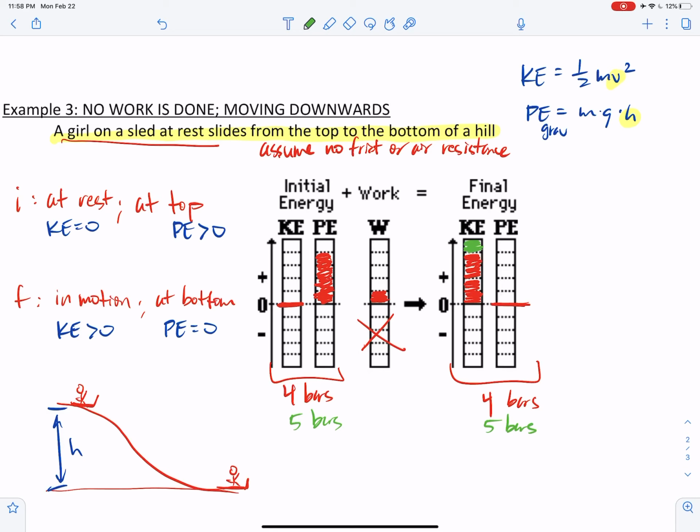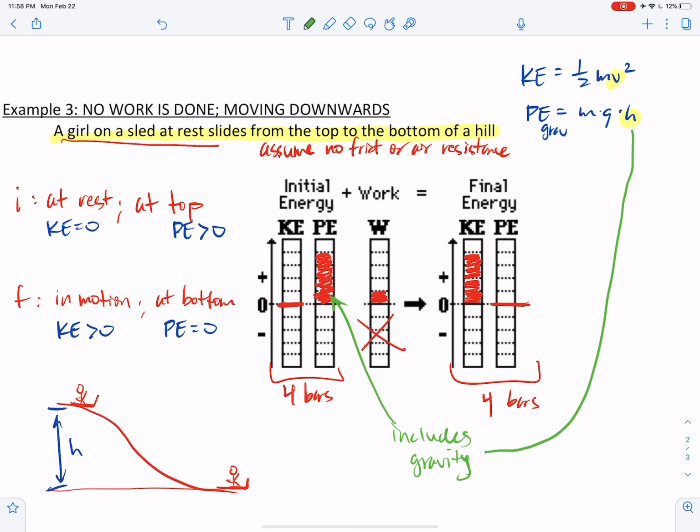Now, what would be adding energy to the situation? You might say, well, maybe it's gravity, but here's where we have to be careful, is gravity is already being included. And I'm using this example to show you that gravity is always included here in the potential energy. Right? Potential energy is mass times gravity times height.